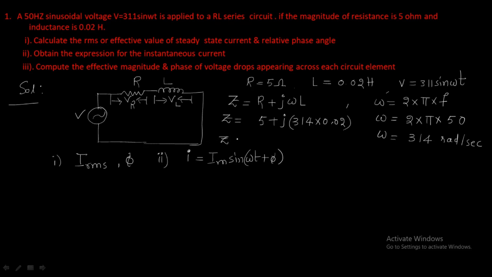So from that we can find Z equal to 5 plus j into 314 times 0.02, which gives 5 plus j 6.28.